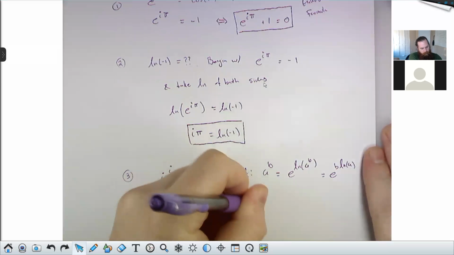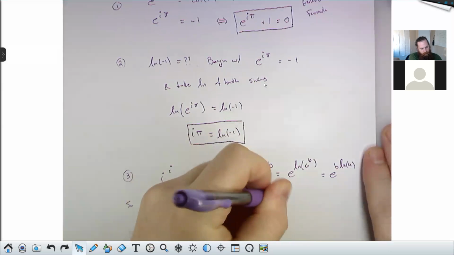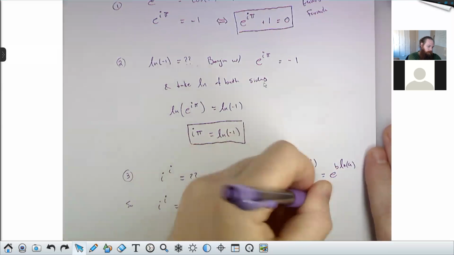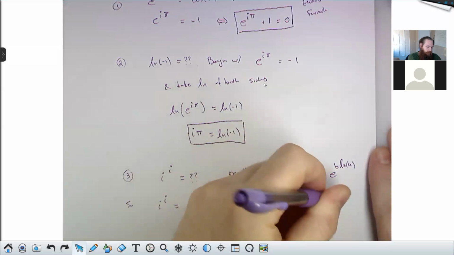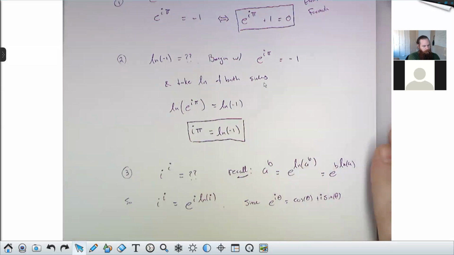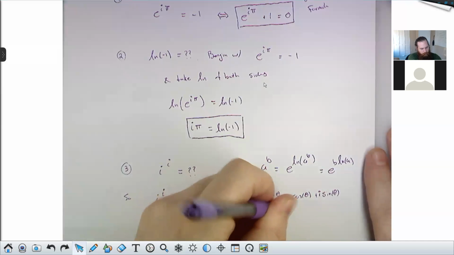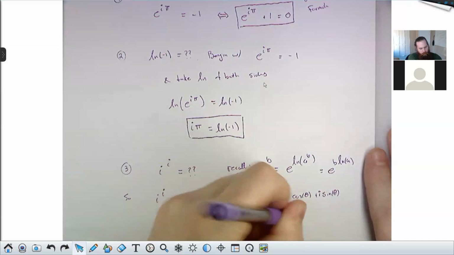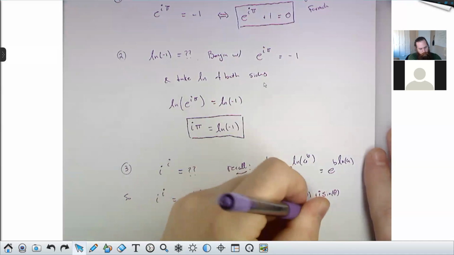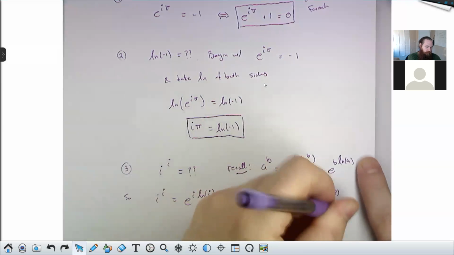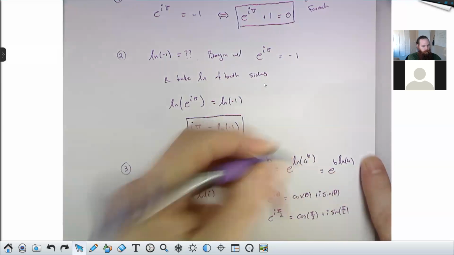Since e to the i theta is cos theta plus i sine theta, if I plug in pi over 2, e to the i pi over 2 will be cos of pi over 2 plus i times the sine of pi over 2.